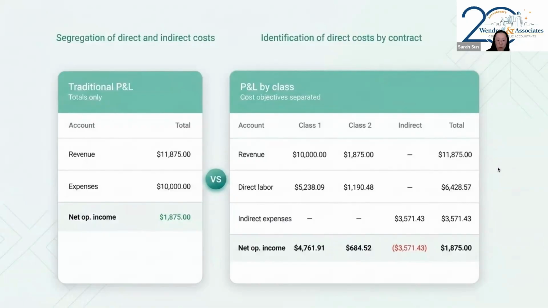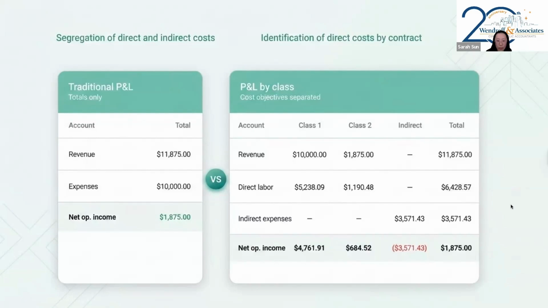However detailed you want to track the revenue or the expenses by those projects or objectives, you can set them up as classes. This is how you will be able to identify direct costs by contract: when adding those costs to the accounting system, assign them to a particular contract.